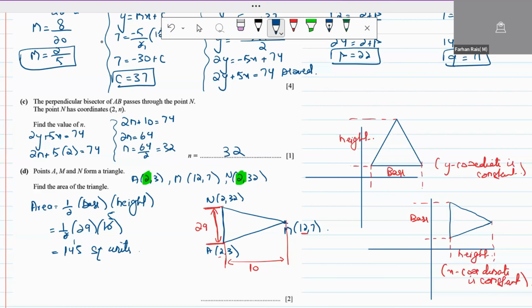So this is how we find the area of the triangle when the 3 points are given. And keep this in mind that out of the 3 points, 2 points definitely would have either the x coordinate same or the y coordinate same. It's a must thing.